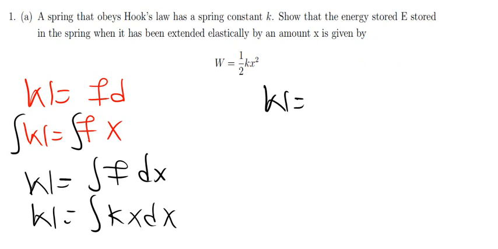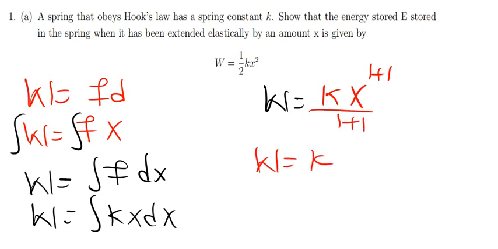So k will just be like that. Then x, now x, the power has to increase by 1 divided by itself. So it's going to be x to the power 1 plus 1 divided by 1 plus 1, which is work will be equal to kx squared divided by 2. These 2 which I have here, I can write this as 1 over 2 kx squared.